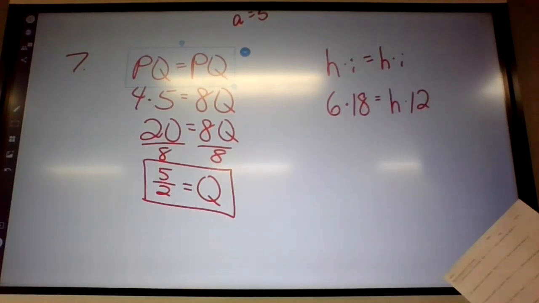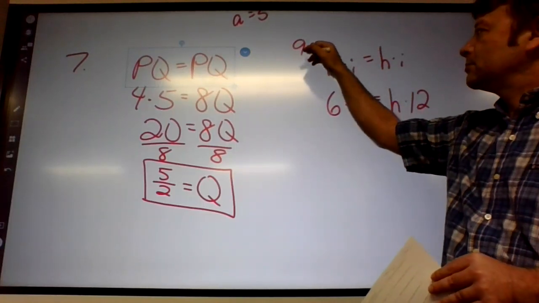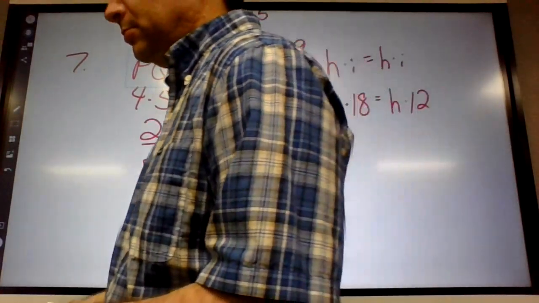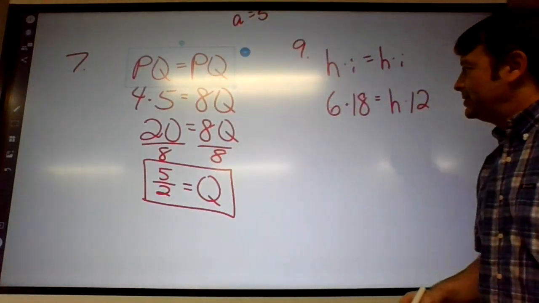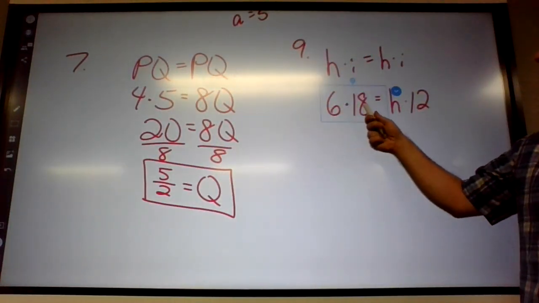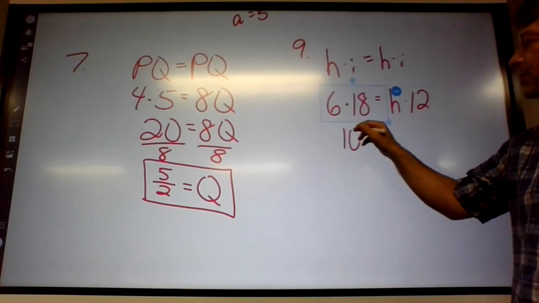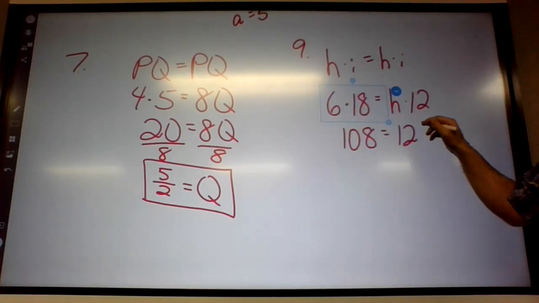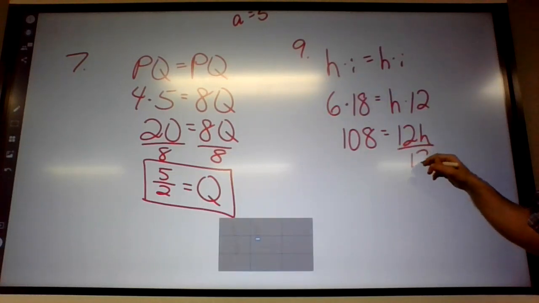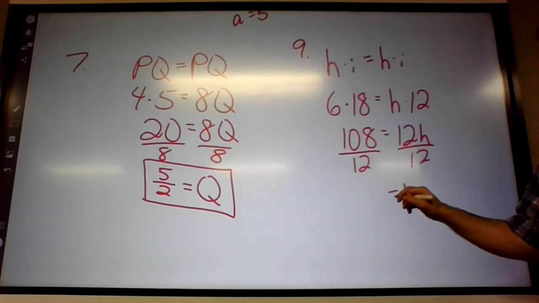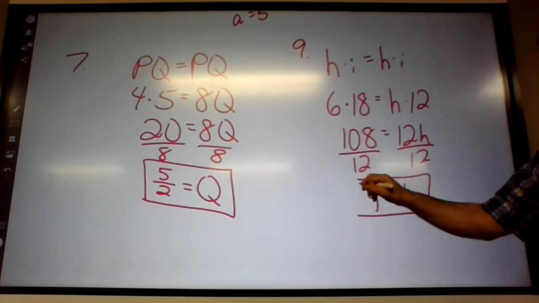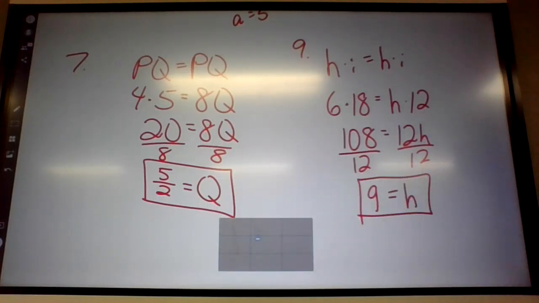It's number 9. Alright, how do I find H here? 6 times 18 is 108. Then what do I do? Divide by 12. Wait a minute. Why are we going so fast? Number 9.